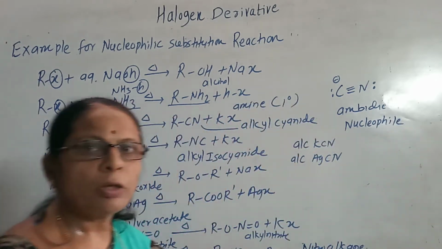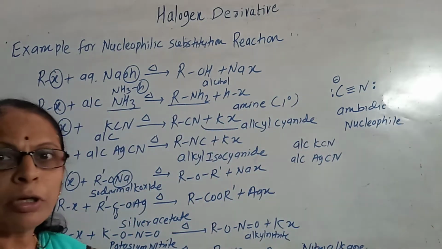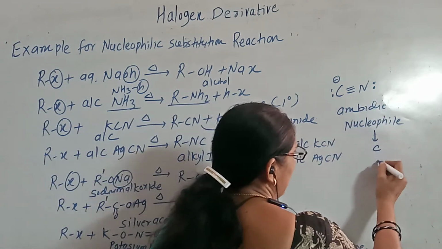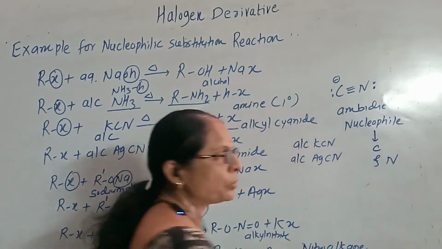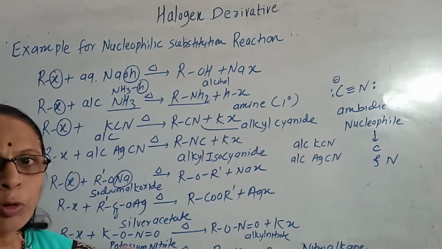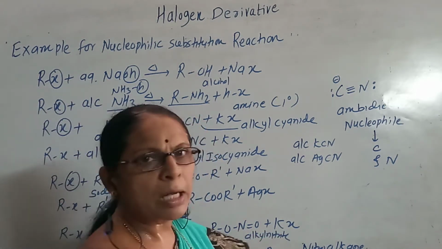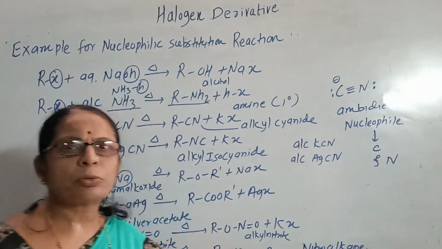Means the nucleophile which can attack from both sides. It can show the reaction through the carbon as well as through the nitrogen. So when does it react through carbon and when through the nitrogen?